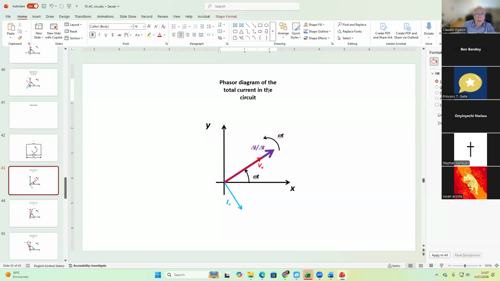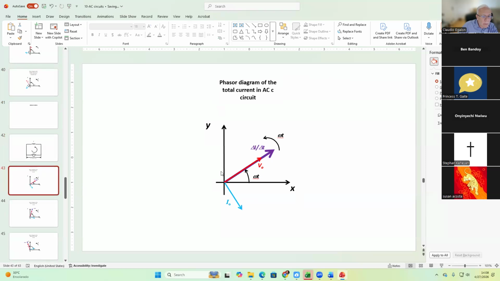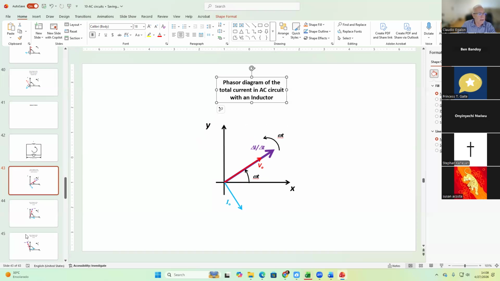In an AC circuit, let me see what's going on here. Yeah, inductance. Okay. An AC circuit with an inductor. An AC circuit with an inductor.